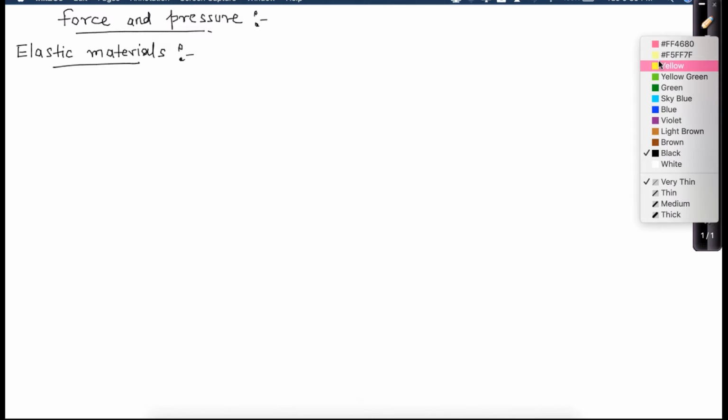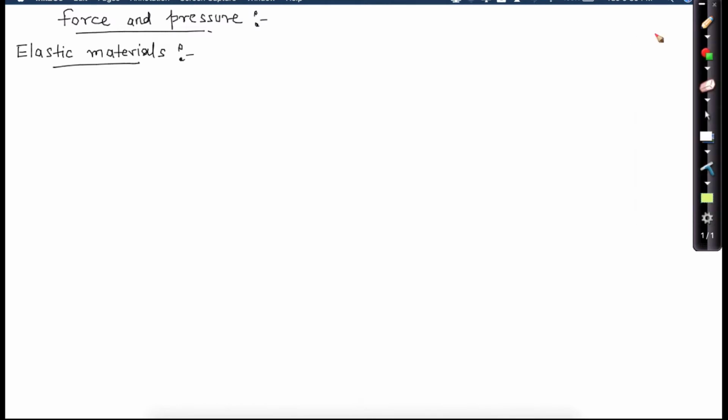So how can we define elastic materials? We can say on bending or on stretching, the material which loses its shape and then again comes back or regains its original shape when force is removed, that is known as an elastic material.